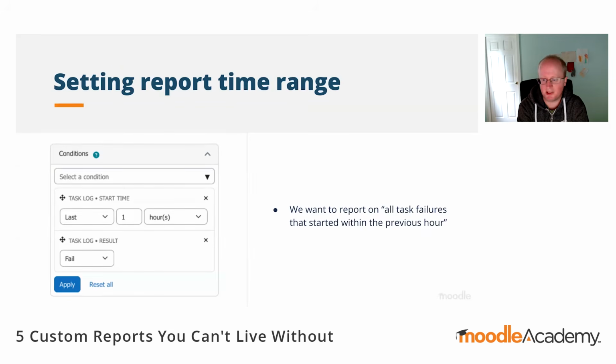Something might have happened on the infrastructure side that has caused a deluge of task failures. What we're interested in as an admin is getting notified of that as quickly as possible. So here's my report. This is a simple report. It's just saying, tell me everything that's failed that's run within the last hour.